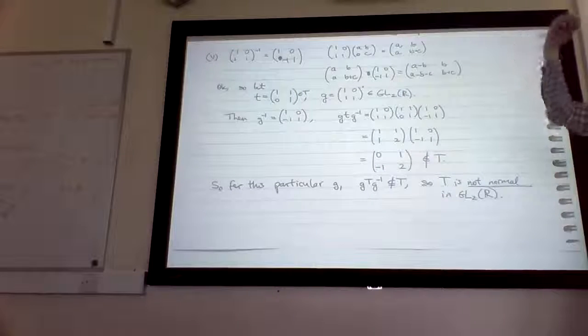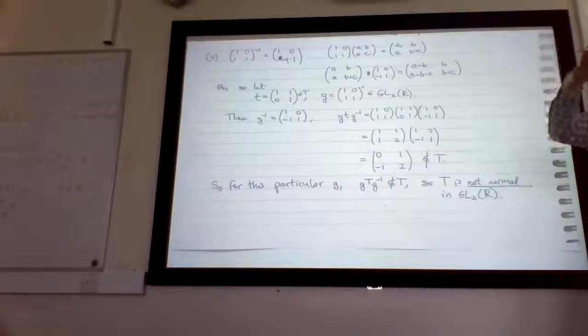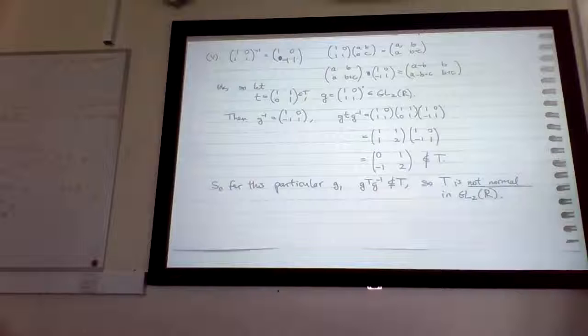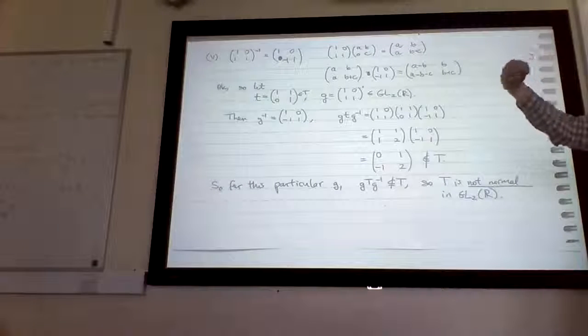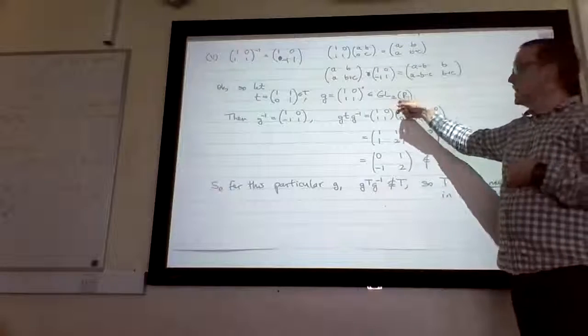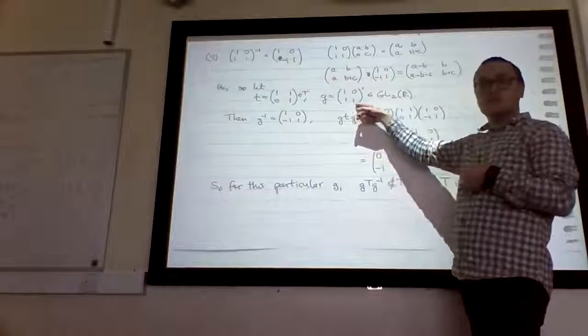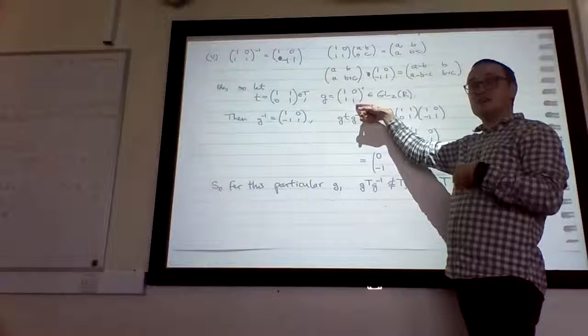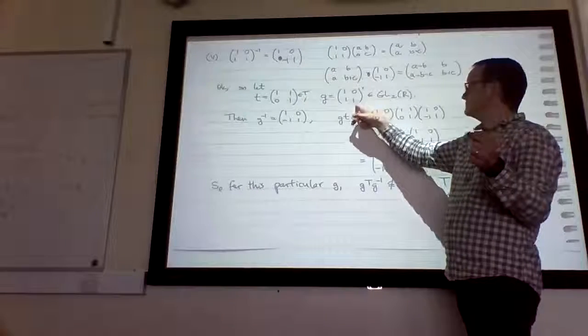For constructing his counterexample, he has to choose a representative outside of T. If you choose a representative in T, he's just going to observe normal behavior: left coset equals right coset. He must take a representative from outside of T, but within GL2R. I think what he's gone for is, you could argue, the simplest type of matrix you can write down which is not in T.